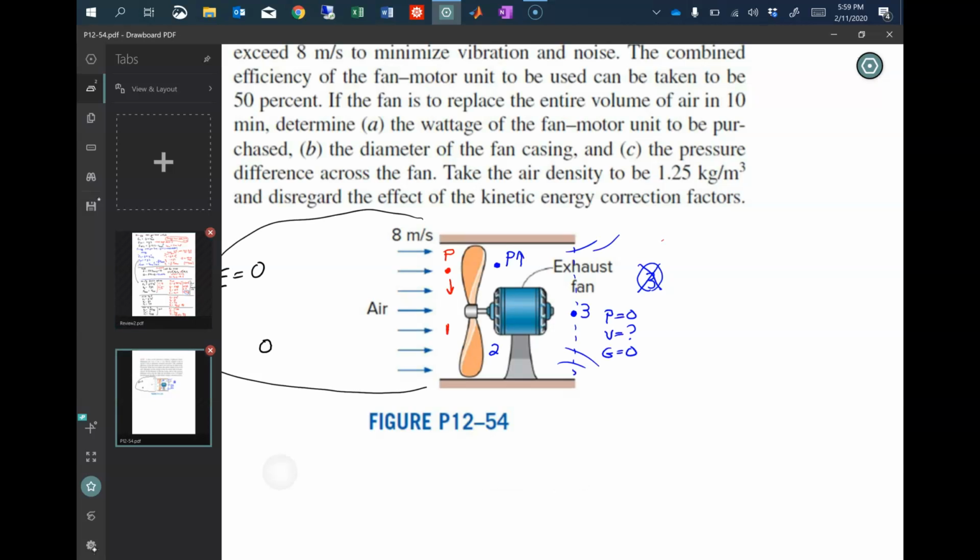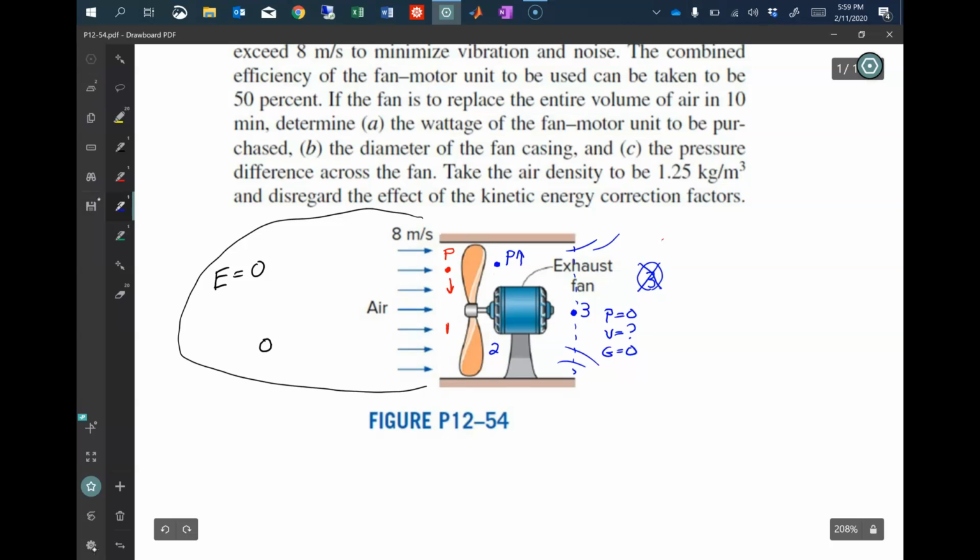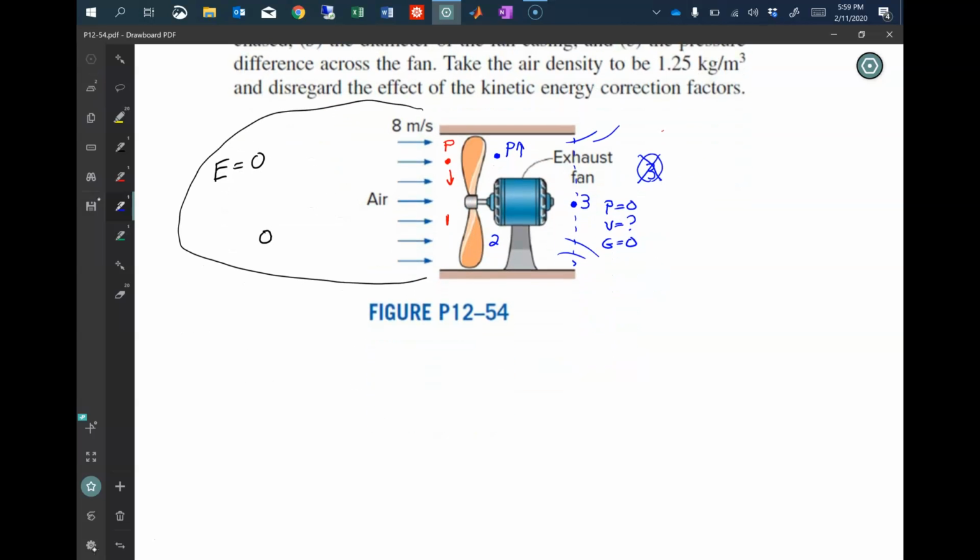So back over here, I'm going to apply energy. I'm going to start with energy from 0 to 1. At that point, the fan's not doing anything, so that's equal to 0. The final energy is the energy at 1, so that's going to be kinetic, 1/2 rho times velocity 1 squared, plus no gravity, plus pressure 1, minus 0 because there's no energy at point 0.